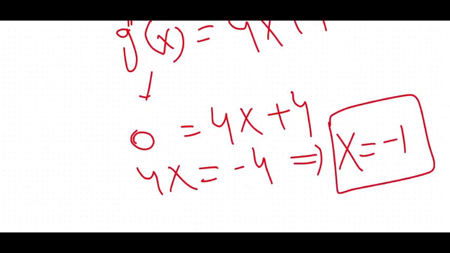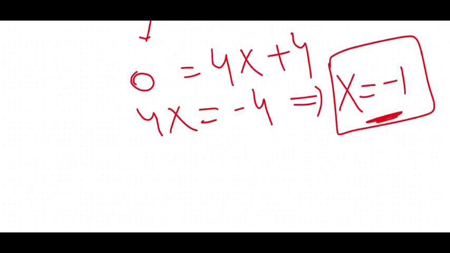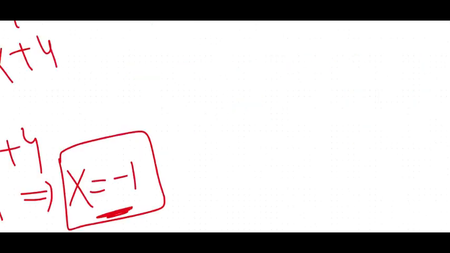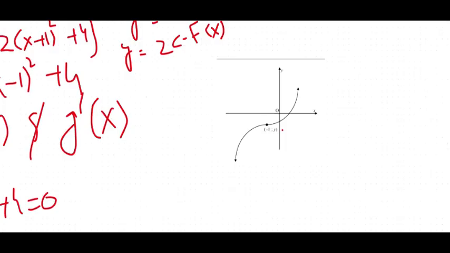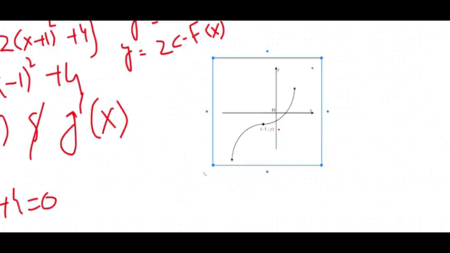So the sketch must show an always increasing function that has a negative y-intercept, g of 0 less than 0, and the point of inflection is at x equals minus 1. So how should we show it? As you can see over here, this is how the graph is shown.